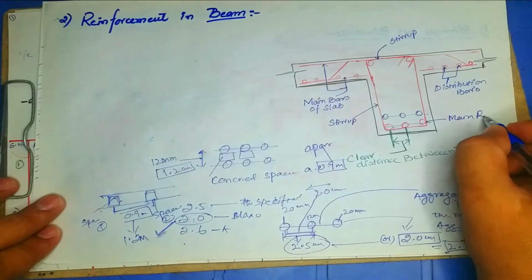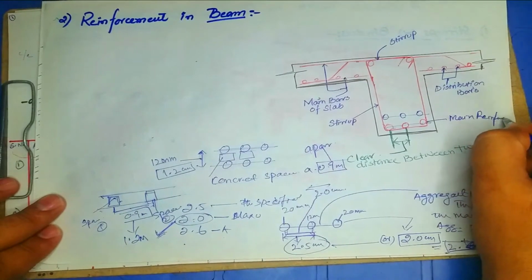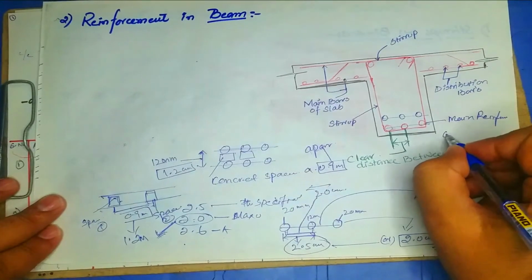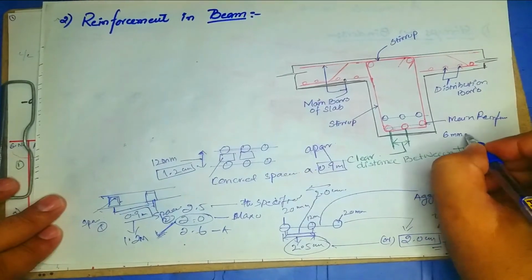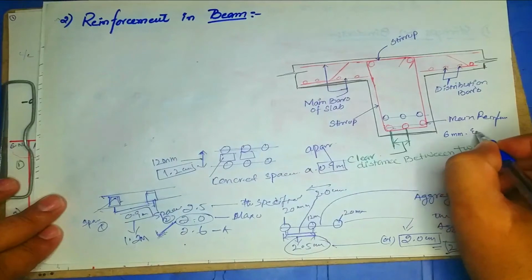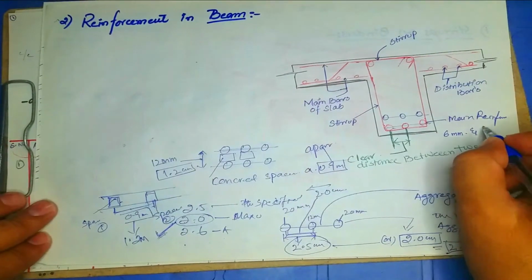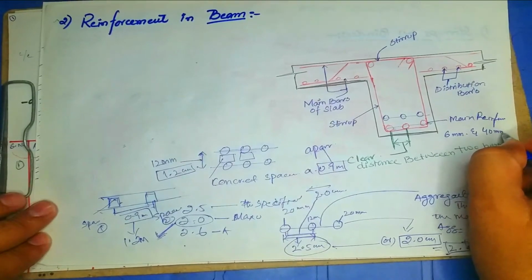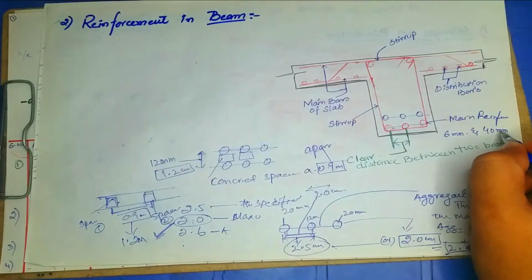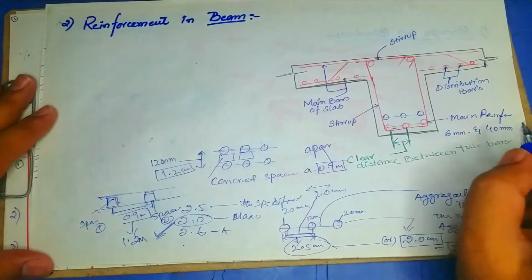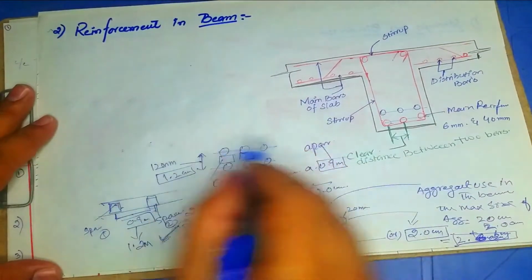So main reinforcement must not be less than 6 mm and the maximum size should not exceed 40 mm. Generally 12 mm steel is commonly used.